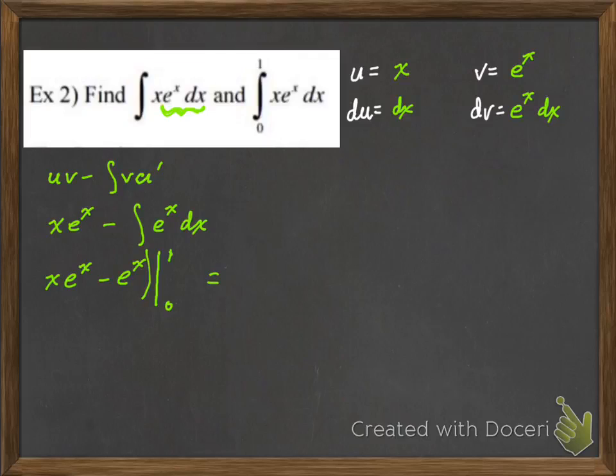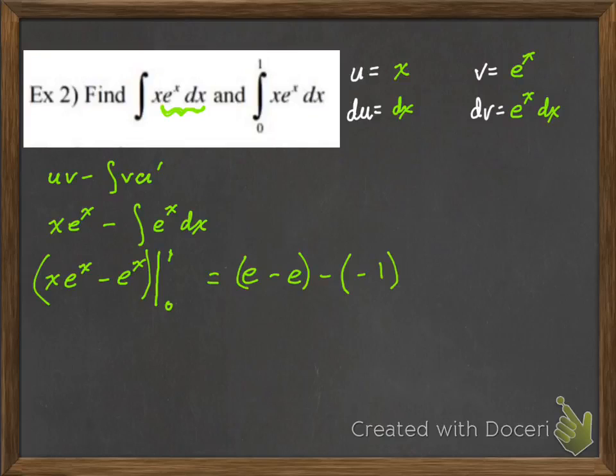And we evaluate the whole thing. Substituting in 1 gives you 1 times e to the first power, which is simply e, minus e to the first power, which again is e, minus, and then substituting 0 in will give you 0 times e to the 0, which will be 0, and then minus e to the 0, which is negative 1.